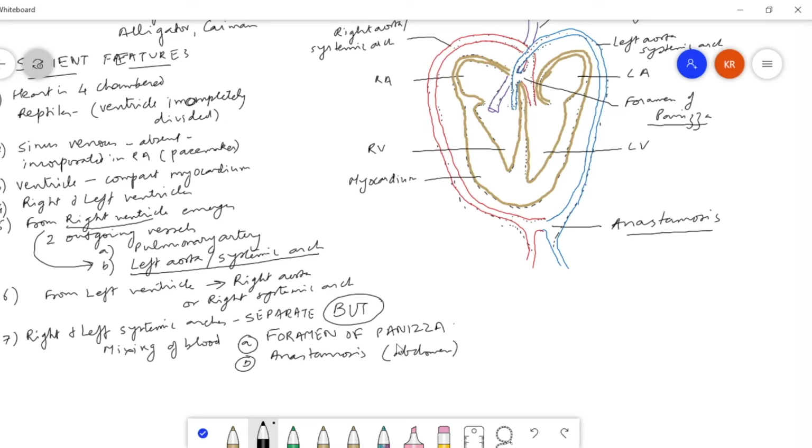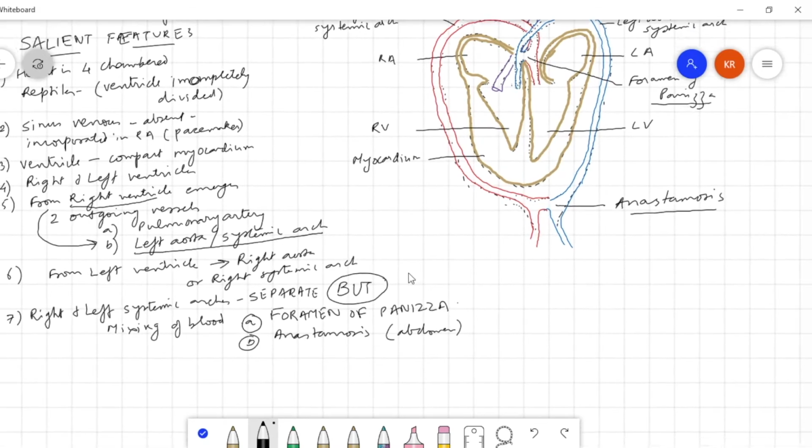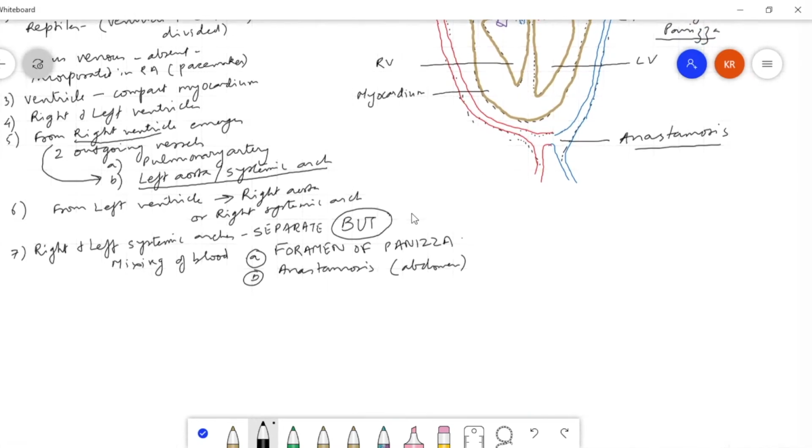So this is the second feature of the heart of crocodile, which is very important. So there is mixing of blood at the foramen of Panizza and at the anastomosis.